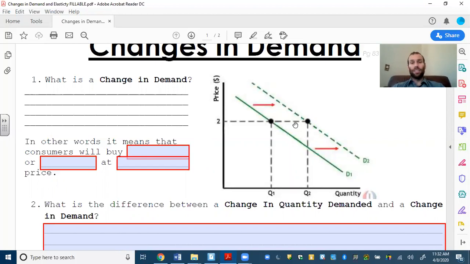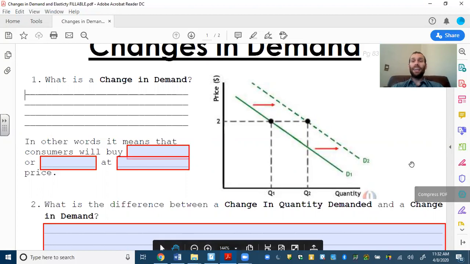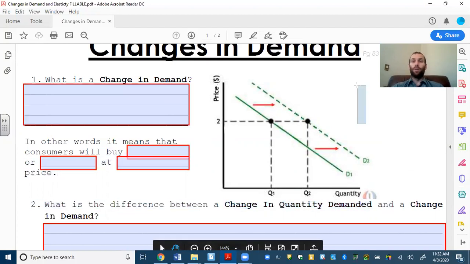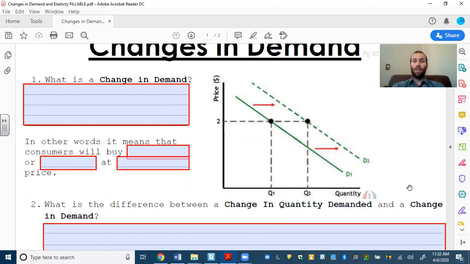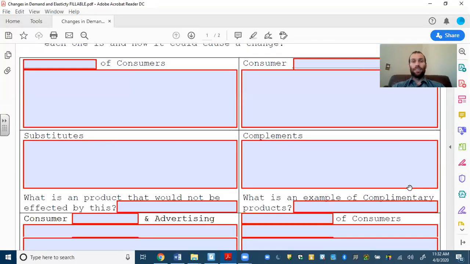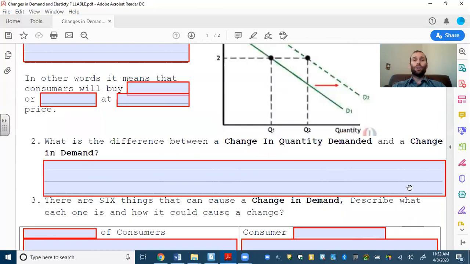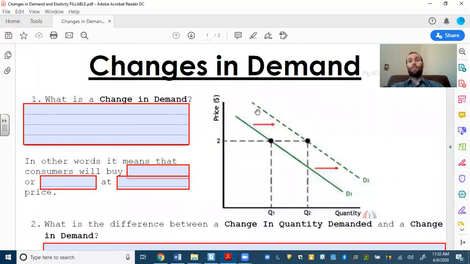What you can see here is I have a graph with my quantity and my price right here. And we have our demand curve called D1. Now, at a price of $2, normally people would buy Q1. Let's make that 10 in this example. But if something were to happen to the market, which could be any of the things that we have down at the bottom of this page, where we have our kind of 6 items right here, that could move the entire demand curve to what you see here at D2.